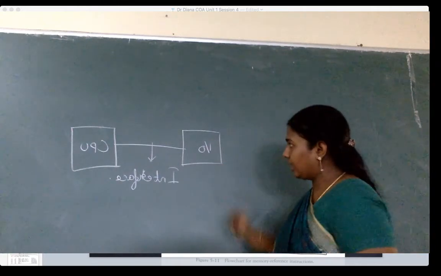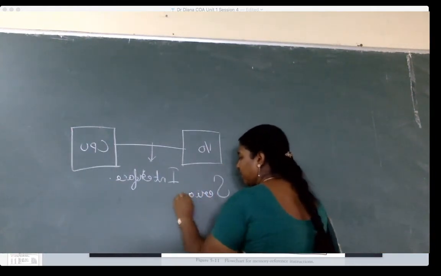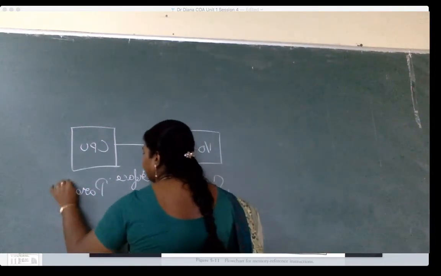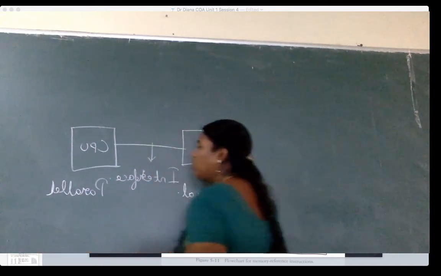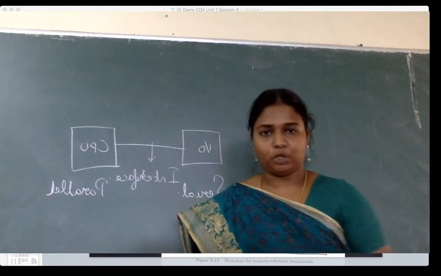In this structure, the IO device is called a serial communication device and the CPU is a parallel communication device. What do you mean by serial communication and parallel communication?